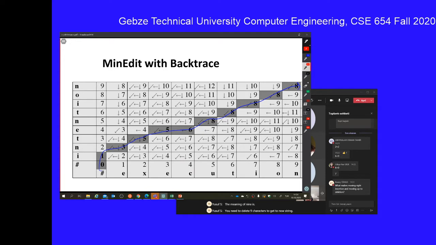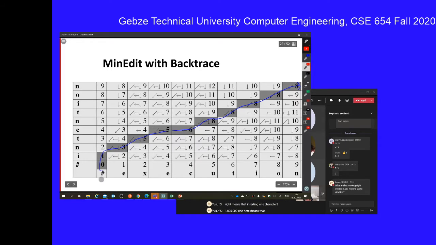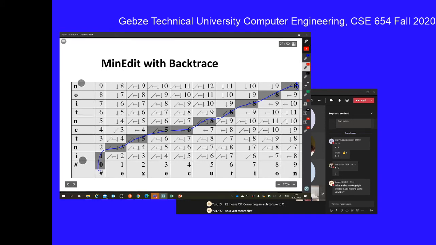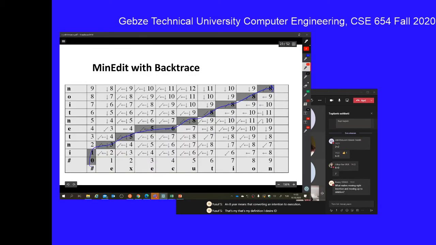So moving up is deleting one character. Moving right means inserting one character. 1 here means converting a null string to E. 2 means converting a null string to EX. And 8 here means converting intention to execution. That's my definition. I designed the whole thing that way.